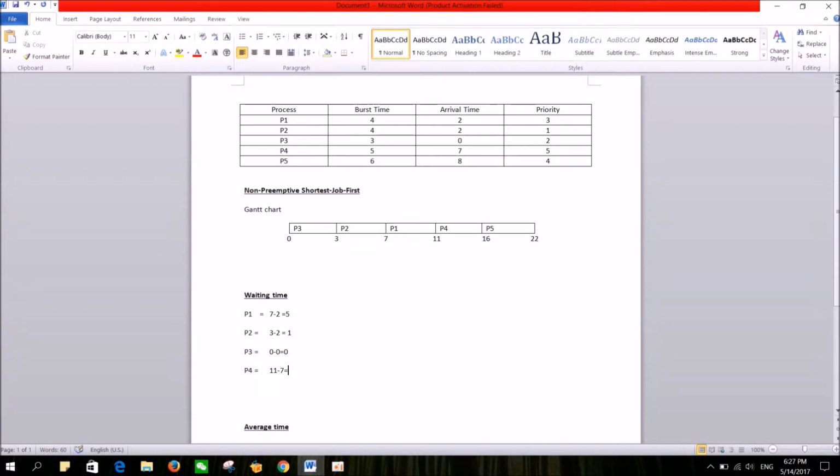And the answer is 4. And P5 here has 16, minus its own arrival time, which is 8. So 16 minus 8 is equal to 8.